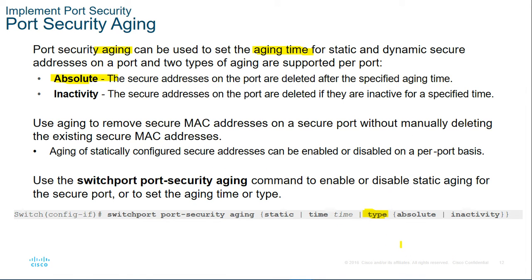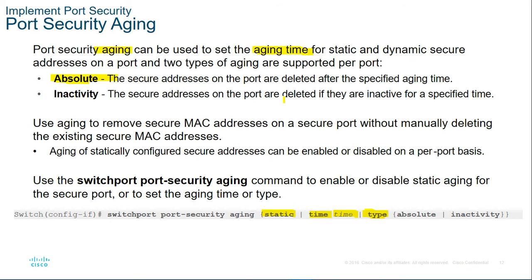Look here. You can configure aging, and there are three options. Static means the MAC address will be permanent. Time means you can set a time; if you set 10 minutes, the MAC address will be valid for only 10 minutes. And another one is type, absolute or inactivity. Absolute means the MAC address will be available for a particular period of time.